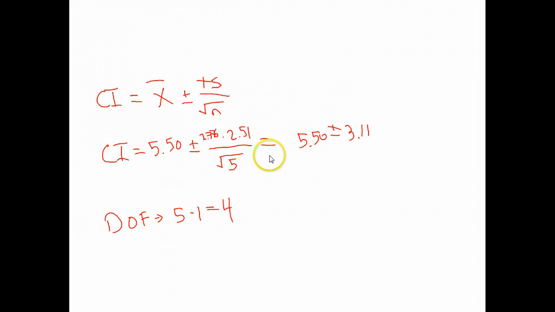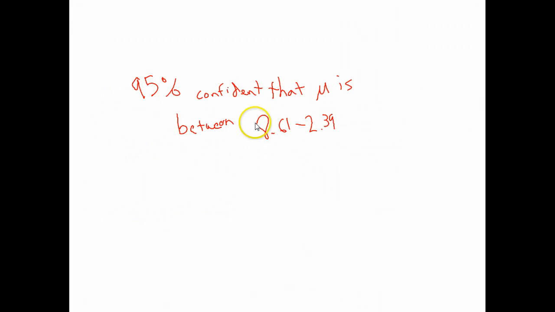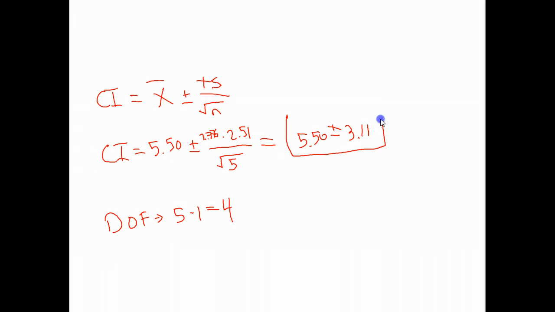That was simply 5.50 plus 3.11 and minus 3.11. This here is considered our 95% confidence interval.